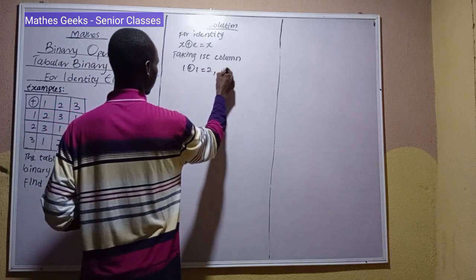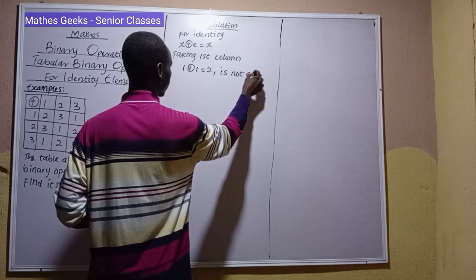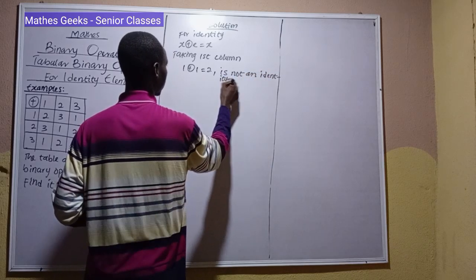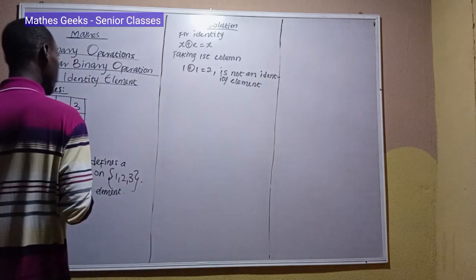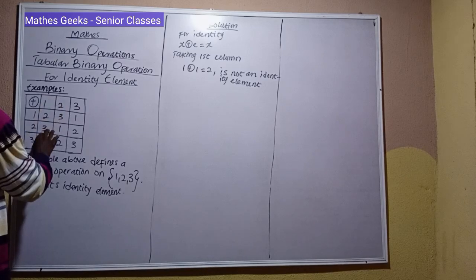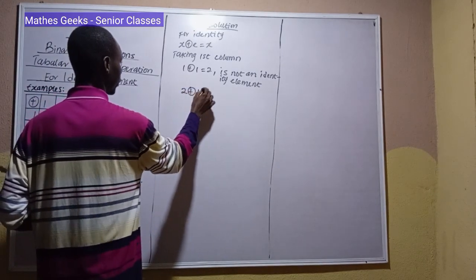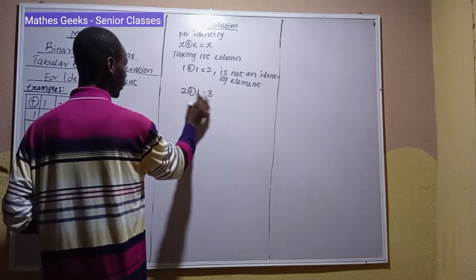1 is not an identity because it didn't give us 1 back. So 2 operation 1 is 3.